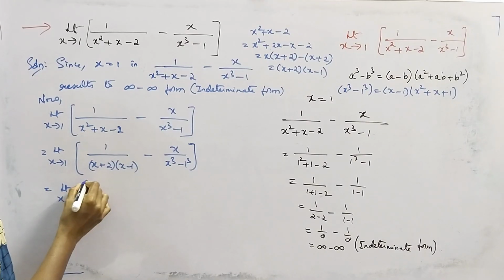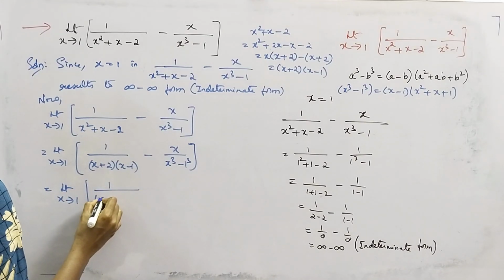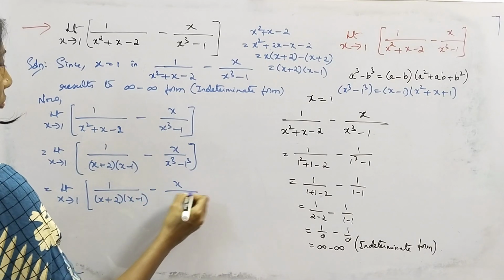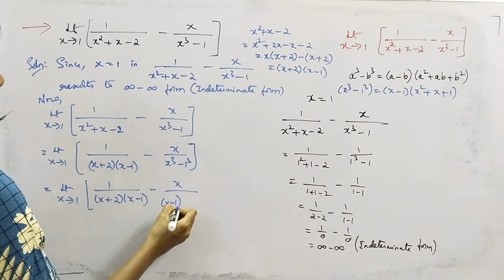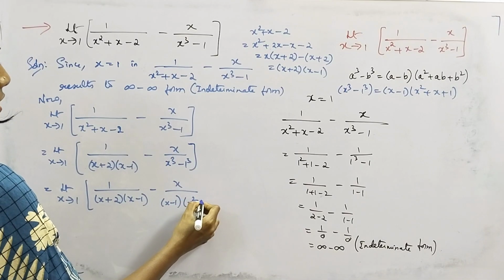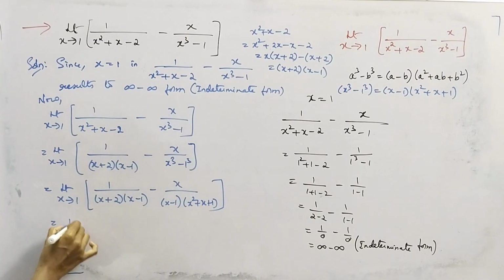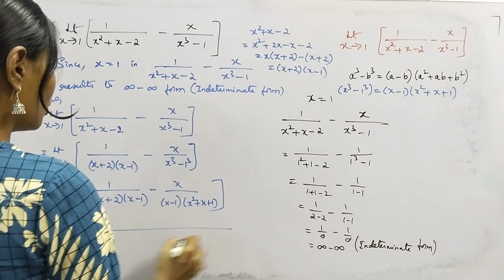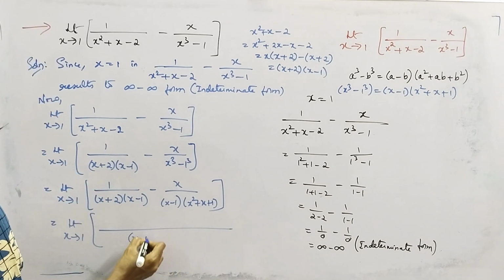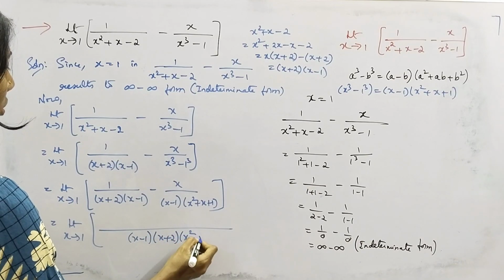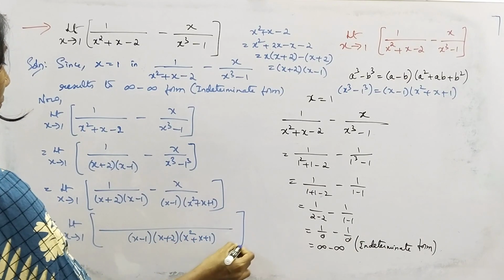Now we'll change the denominator of the second term also, which is (x minus 1) into (x square plus x plus 1). Now take the LCM of the two denominators. You'll get (x minus 1) into (x plus 2) into (x square plus x plus 1), right?